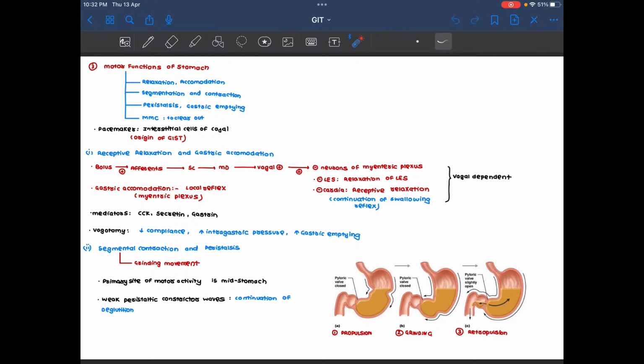It's the same thing, that is, to make space for the food bolus that is coming, the cardia needs to undergo relaxation. Okay, so that is what we talk about, receptive relaxation and gastric accommodation.